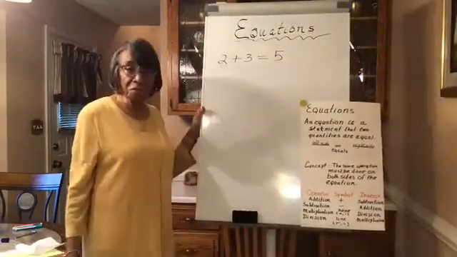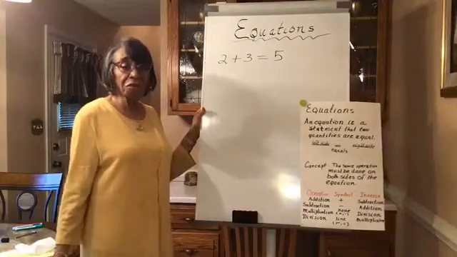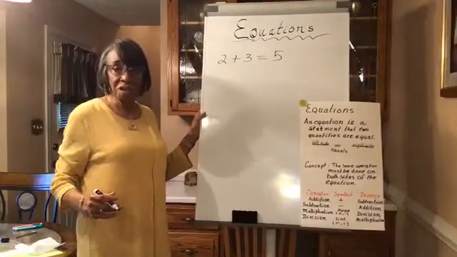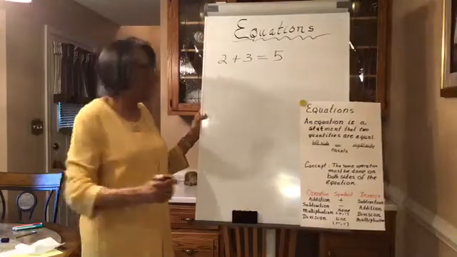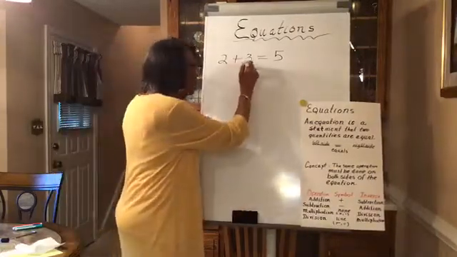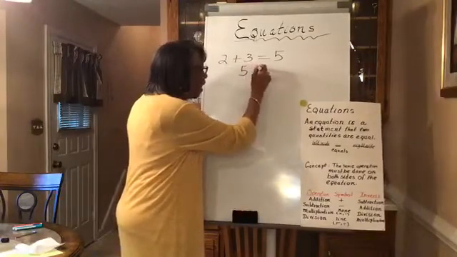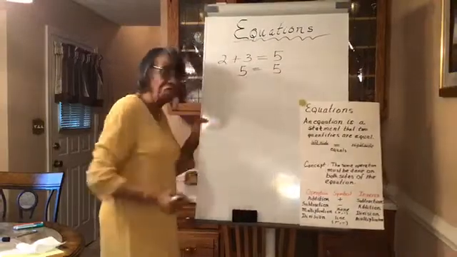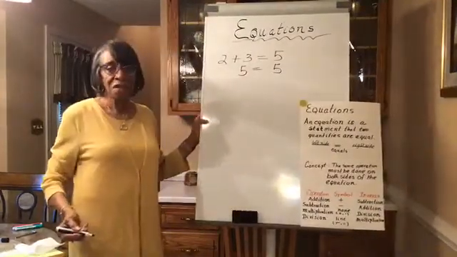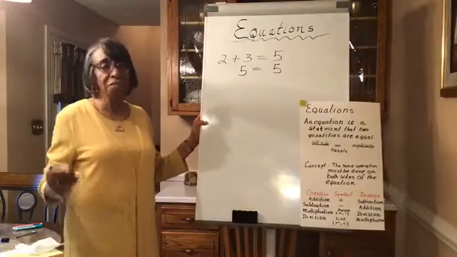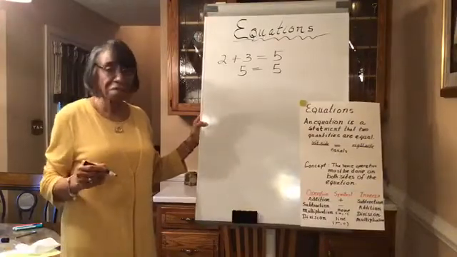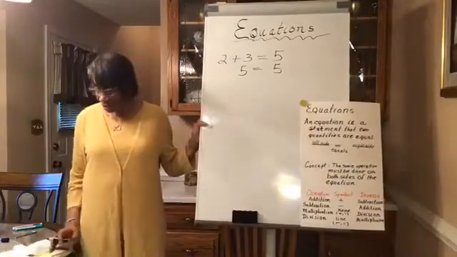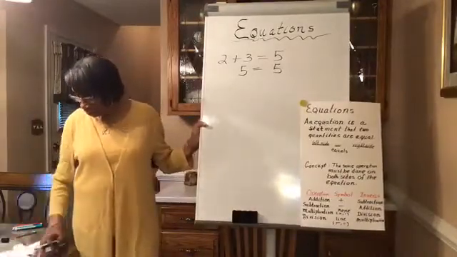Is that true? It's true if both sides equal 5. Is 2 plus 3 5? Yes. So this side equals 5, and the right side equals 5. So this is a true equation. So the equation has to be both sides the same value. Both sides have to have the exact same value.